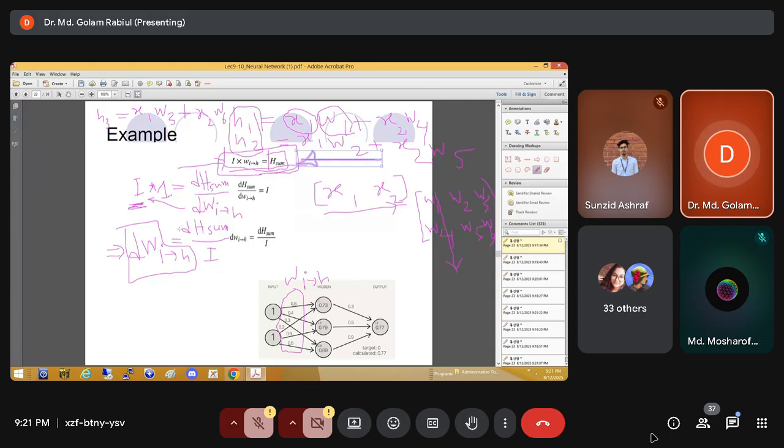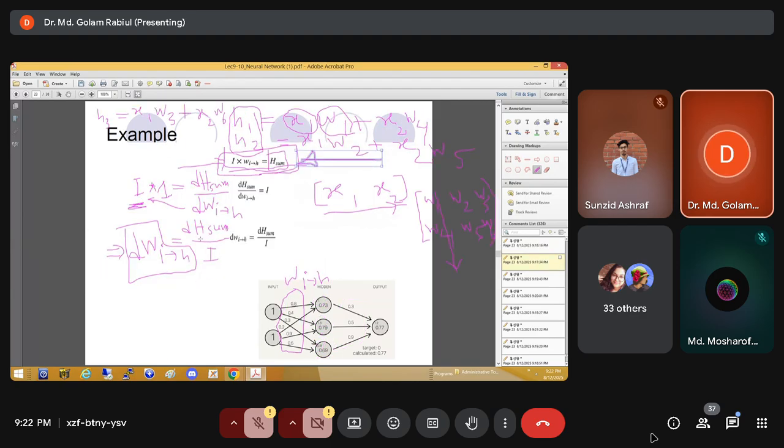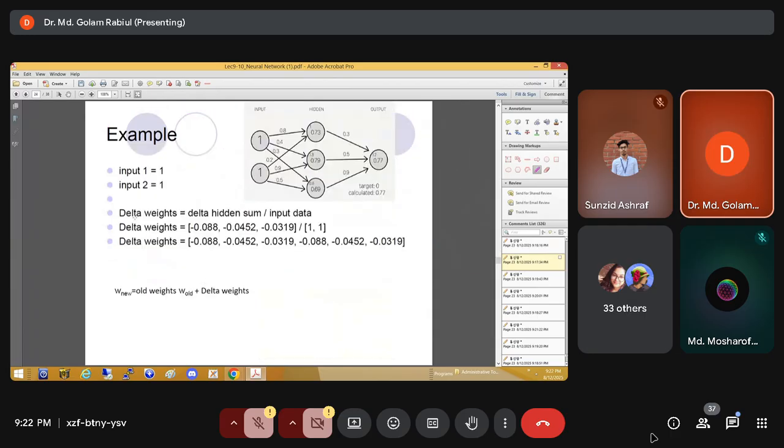We have already calculated the delta hidden sum. Then we have to divide this by I. So here are the delta weights: delta hidden sum divided by the input I. In our case, I is 1, 1.